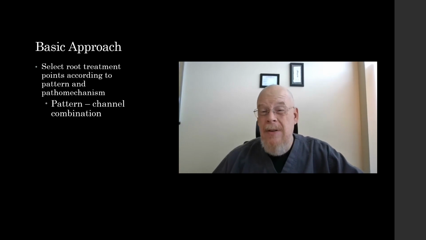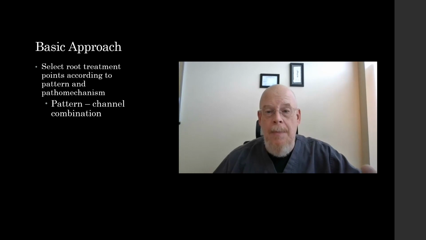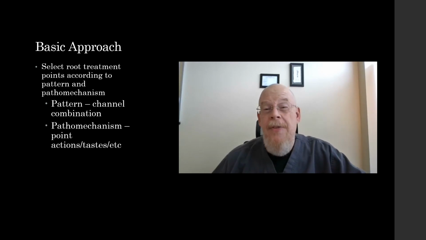The pattern is the channel combination, usually the mother-child combination from the Nanjing, the Classic of Difficulties, but oftentimes I will use the pathomechanism in order to determine the exact treatment points that I'm going to use on those channels.